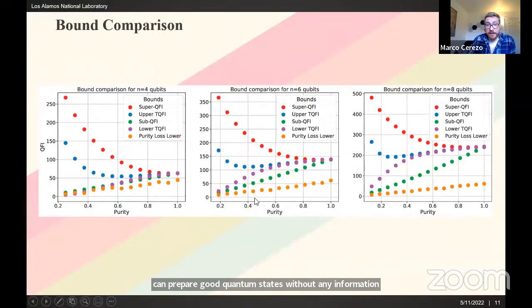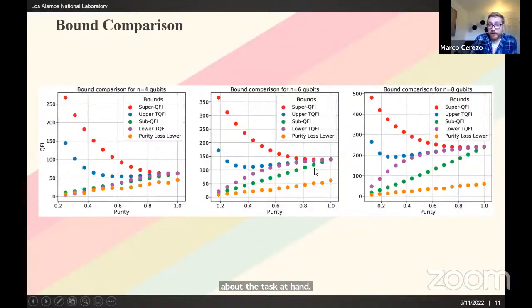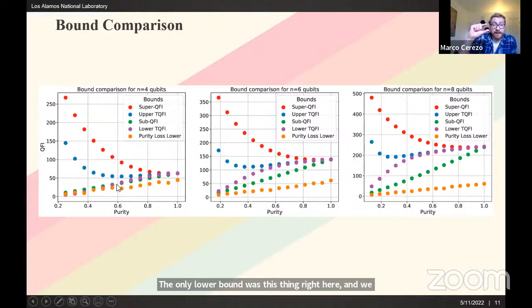The other thing that we did is that the only lower bound that we knew for the quantum Fisher information was this thing right here. We can prove that our bounds, lower and upper, give an exact range where the quantum Fisher information lives, and are much tighter than previously known bounds in the literature. So this shows that the approach that we're taking and the bounds that we have are definitely more operationally meaningful than this quantity right here.